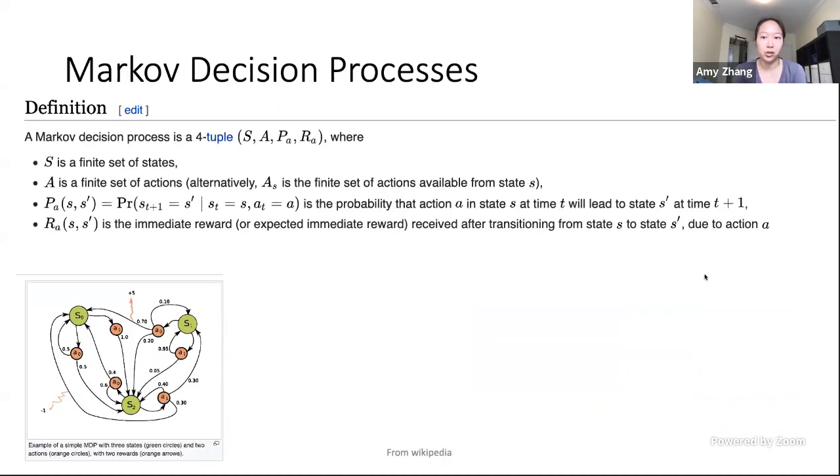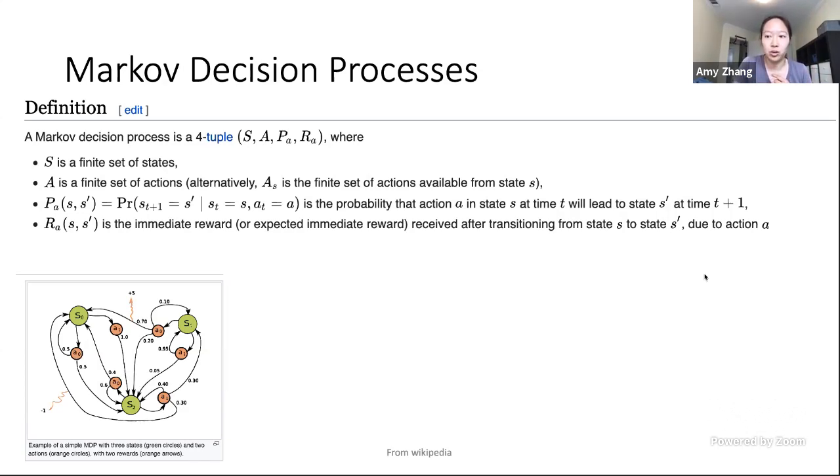I just want to first start out with a more low-level view of Markov decision processes. This is just the definition of an MDP taken straight from Wikipedia. The thing that I want to highlight is that this is a very broad definition that doesn't take into account a lot of the structure and additional assumptions and inductive biases that we can put in specifically about the real world.